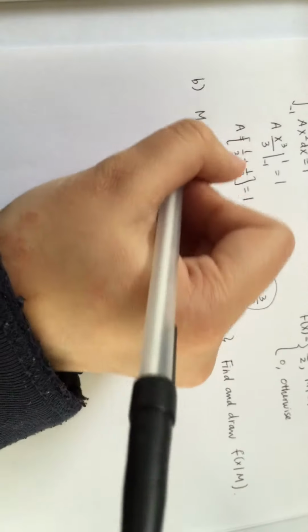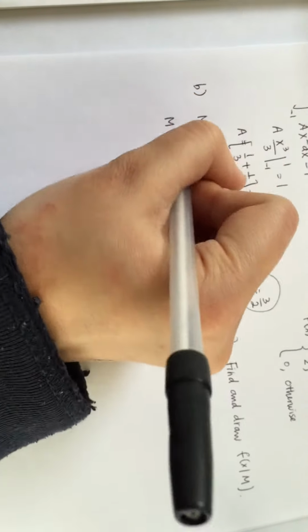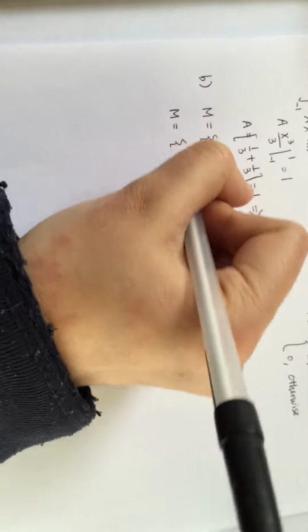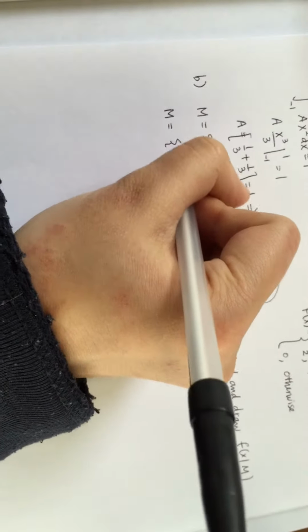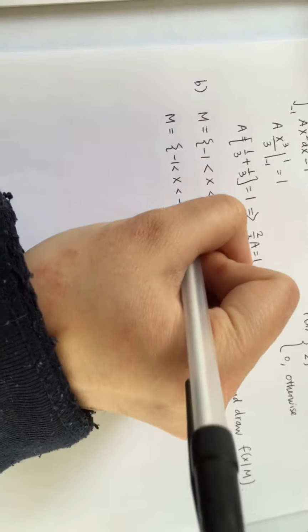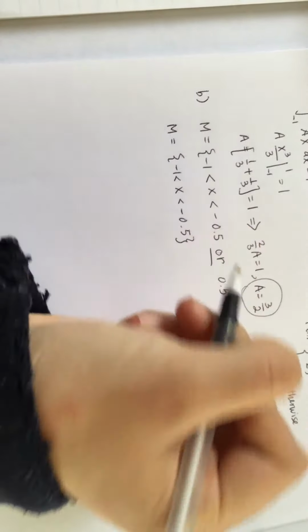So we first look at the m condition when x is bigger than -1 but smaller than -0.5.